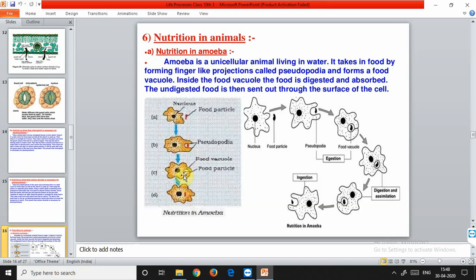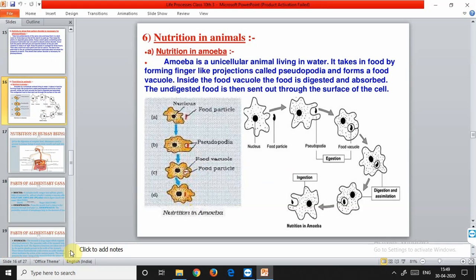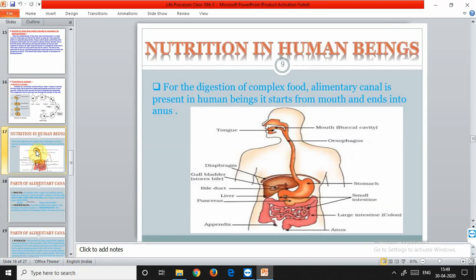Then a food vacuole was prepared by the amoeba, and then complete ingestion of the food was done. I told you the difference between ingestion and egestion. Egestion means expelling out, and ingestion means taking in. This was a complete cycle of nutrition in the lower animals. The example taken was amoeba.